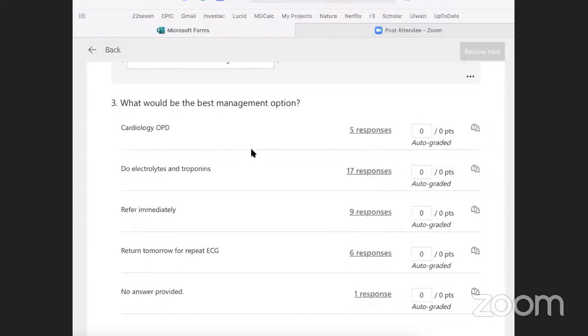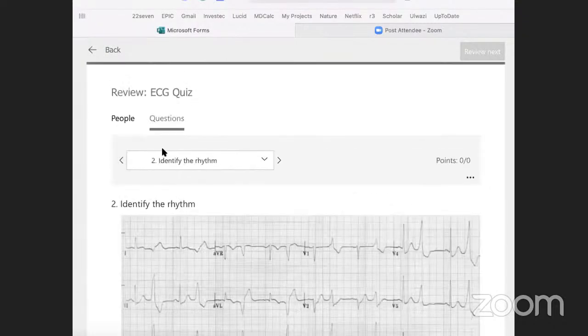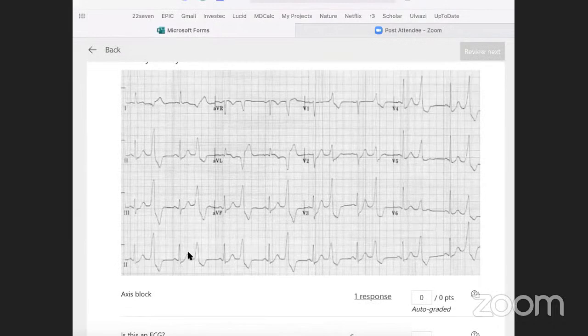Another acceptable answer would be to refer immediately, as this patient should be admitted to hospital. The reason is that if more than a third of the complexes in your 10-second strip are ectopic or ventricular in nature, then the diastole is insufficient for the myocardium to perfuse, and they are likely to get cardiac injury.